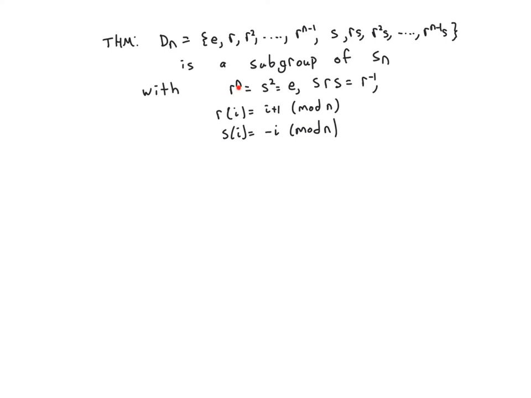The rotation has order n, this negation reflection has order 2, and when you multiply the rotation by S on both sides, you actually get R inverse. And that's actually enough to do all the calculations.